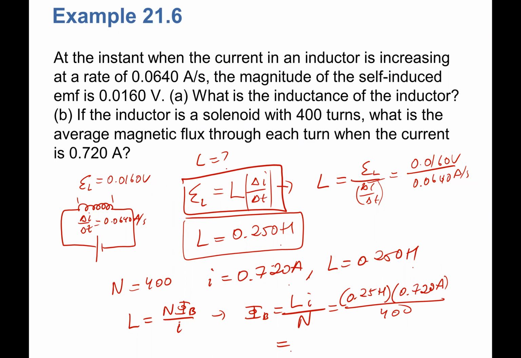Now I calculate the flux to be 4.5 times 10 to the negative 4 Weber. So that's the magnetic flux through that solenoid. And this is the average, so obviously sometimes it's more, sometimes it's less, but this is the average magnetic flux.